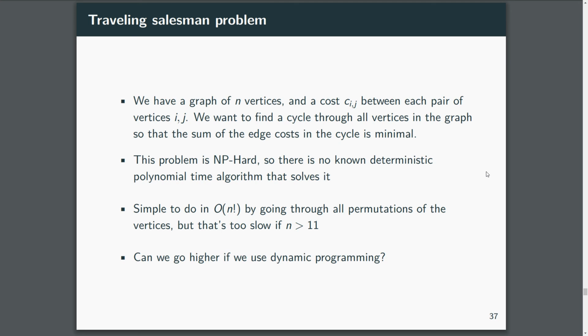We have a graph of n vertices, and we have a cost between each pair of these vertices. We want to find a cycle through all the vertices, so we want to visit every vertex exactly once, so that the sum of these edge costs is minimal. Well, the sum of the edge costs that we select for a cycle, that is.